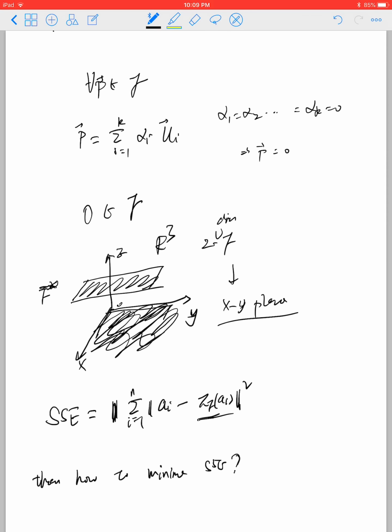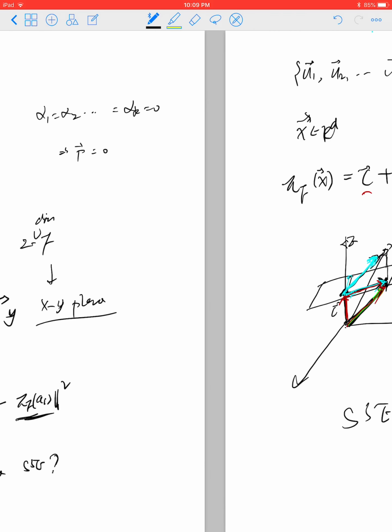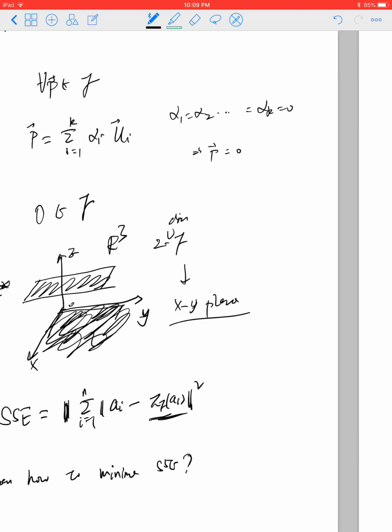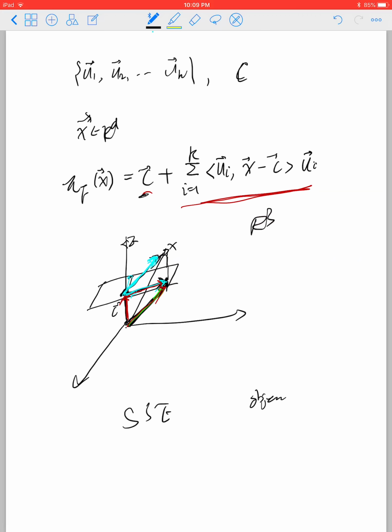So if you solve this SSE, you get the general principal component analysis. Basically, it's very similar to our previous case where you restricted the subspace F to include the origin. You first center the data matrix A. So let me add one new page.